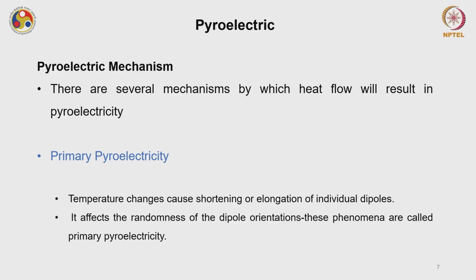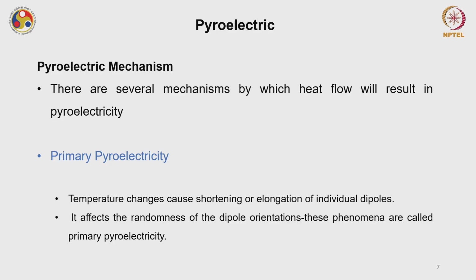Primary pyroelectricity is a simple mechanism where temperature change or heat flow causes shortening or elongation of individual dipoles. So, because of this heat flow or change in temperature, there is either shortening or sometimes elongation of these individual dipoles that we have just seen.